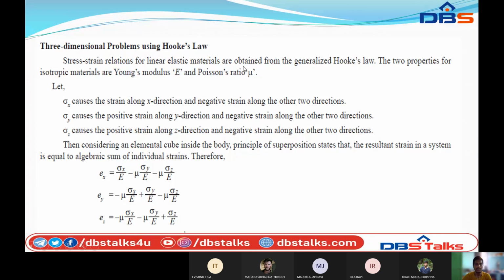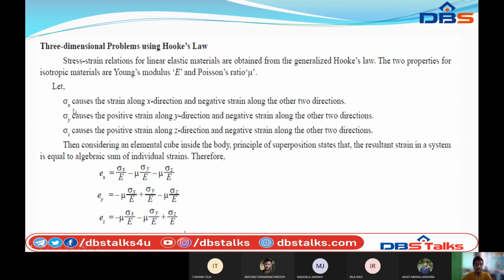Sigma equals force per unit area. Poisson's ratio mu equals lateral strain by linear strain. Sigma equals F by A, that is, stress equals F by A, so force F equals sigma into A.